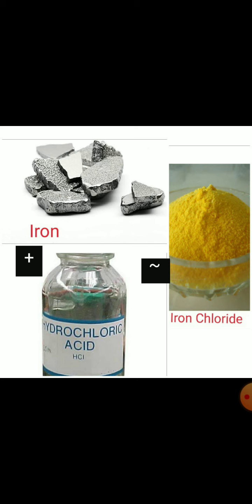It gives salt, and the name of the salt is iron chloride. Also, hydrogen gas is evolved. The chemical reaction will be Fe plus 2HCl gives FeCl2, that is iron chloride, plus H2.